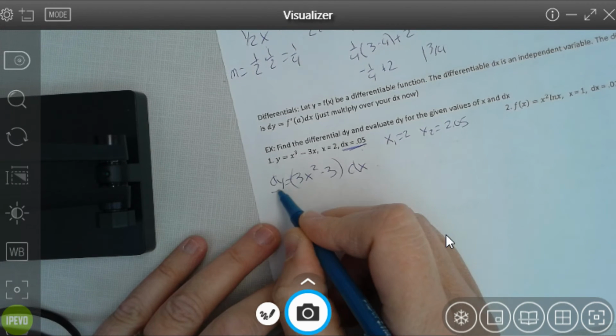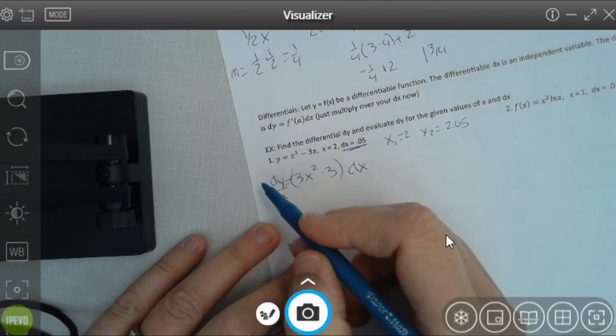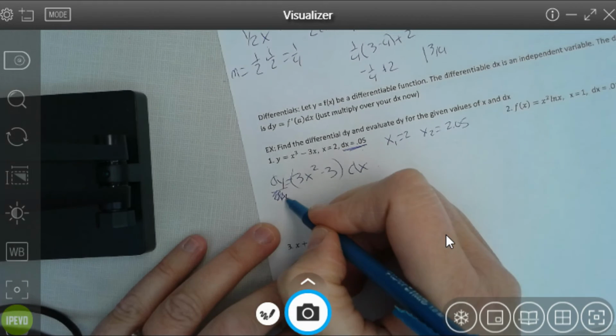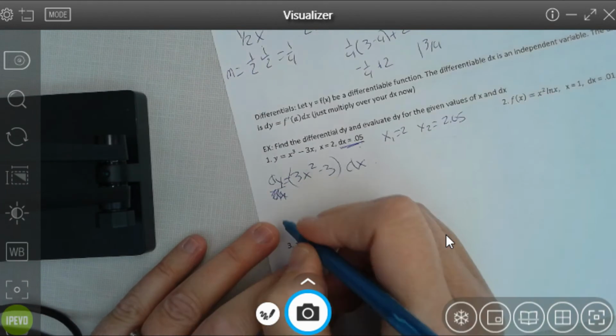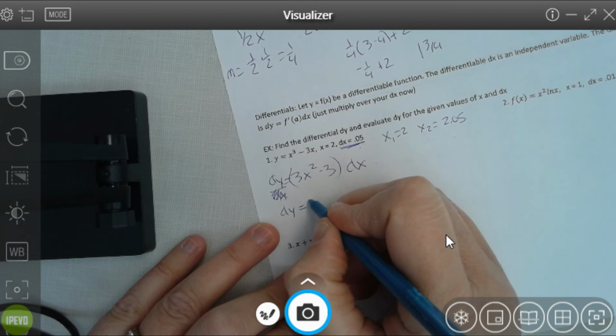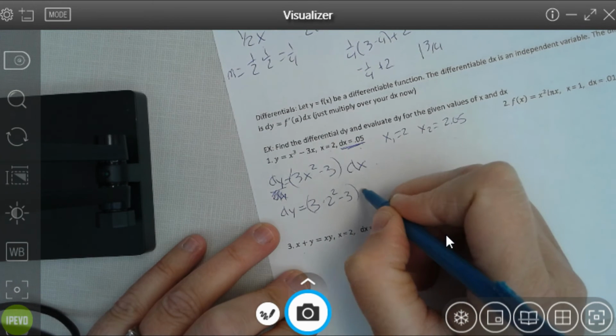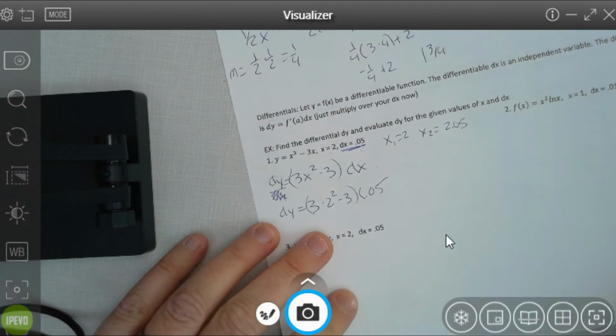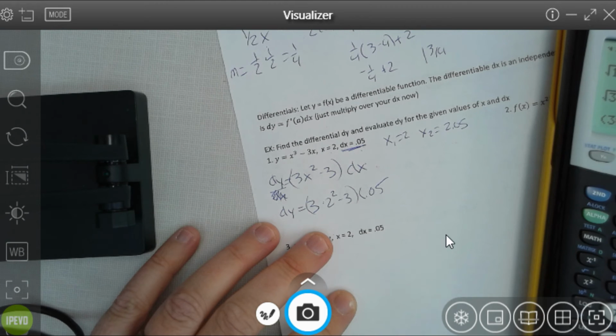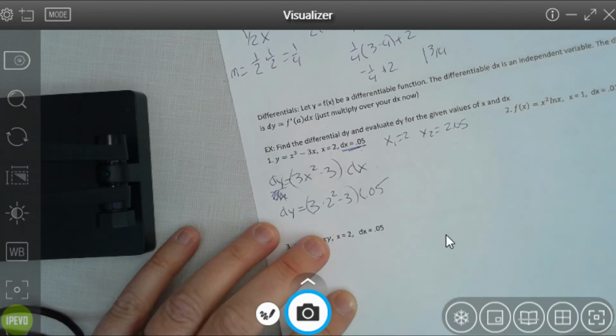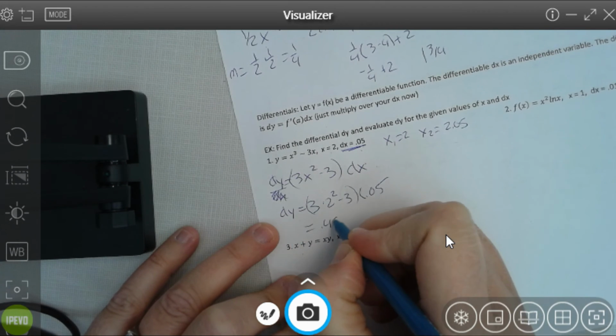So instead of having the dx over here, which is really where it is, all we're saying is multiply the dx to the other side so that dy is by itself now. So then dy would equal 3, put in my x value, and then times the change. So it'd be 0.45.